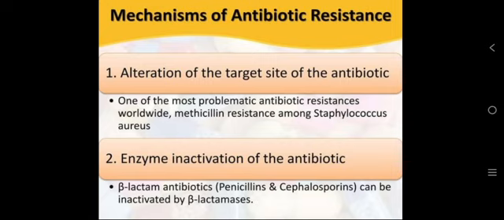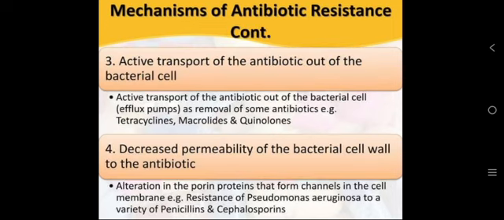Beta-lactam antibiotics such as penicillin and cephalosporin can be inactivated by beta-lactamase. Third one, active transport of the antibiotic out of the bacterial cell, as removal of some antibiotics, for example tetracyclines, macrolides, and quinolones.